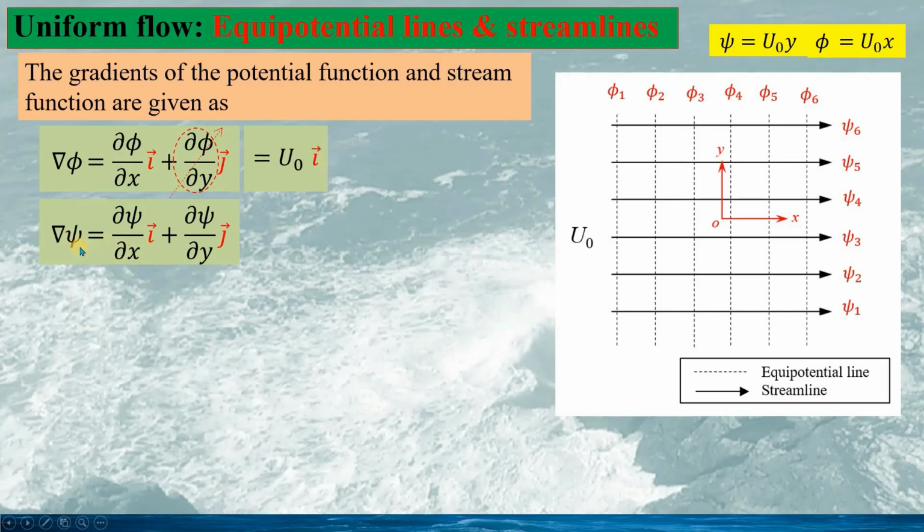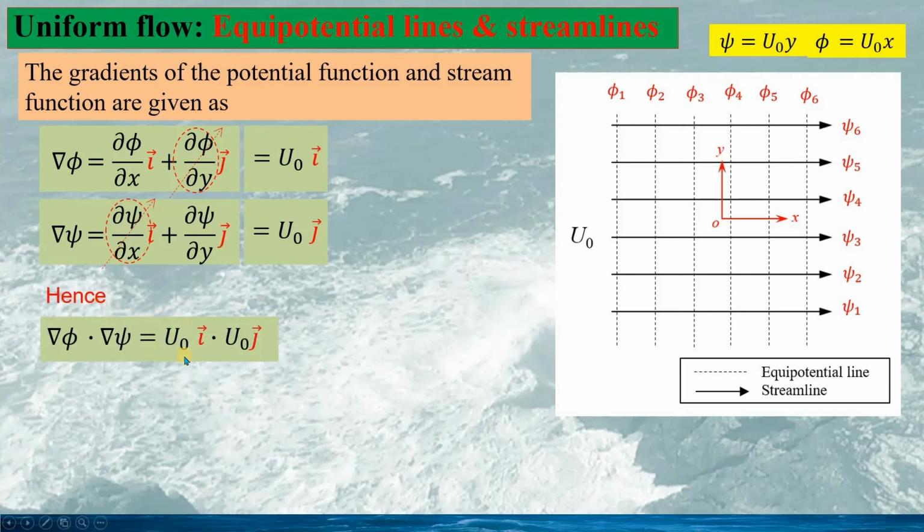And for the gradient of the stream function, since the stream function only depends on y, its partial differentiation with regard to x is 0. Therefore, we can also obtain the relation for the gradient of the stream function, given as u0 times the unit vector j along the y-axis.